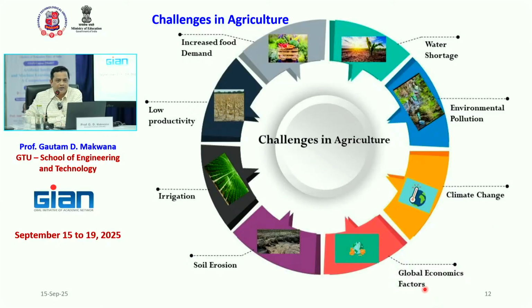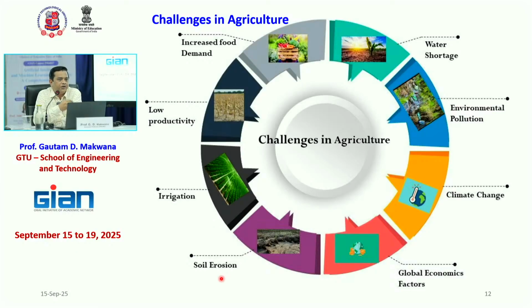Global economic factors. We know what is going on geopolitically. If any country does not allow export or import, then the crop demand will be less or more. Then there is soil erosion. This is one of the issues, because of heavy rain or high floods, many nutrients run away with the rains.